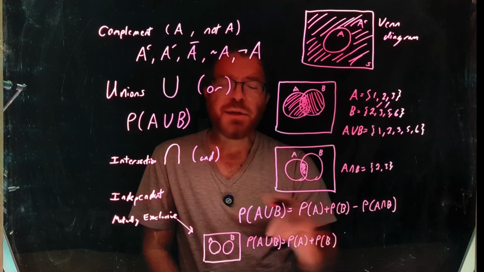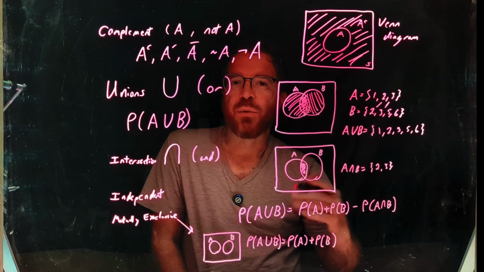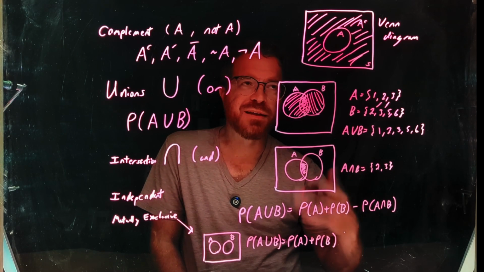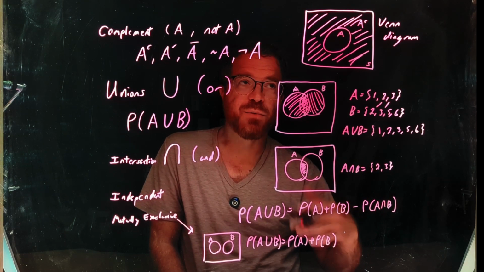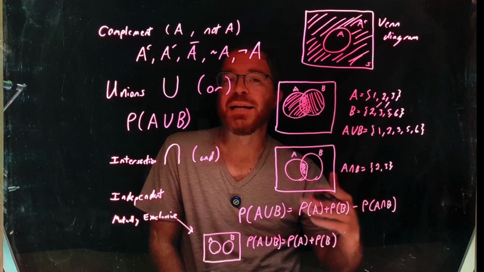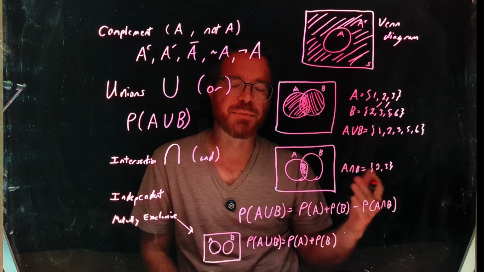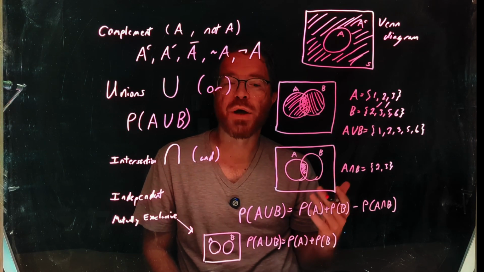Now, I mentioned previously when we were looking at our definitions of probability about that one where we have some events E1, E2, E3 up to En that are mutually exclusive. And if we take the probability of E1 or E2 or E3, it ends up being the probability of E1 plus probability of E2 plus up to probability of En equals probability of the sample space, which is equal to 1.